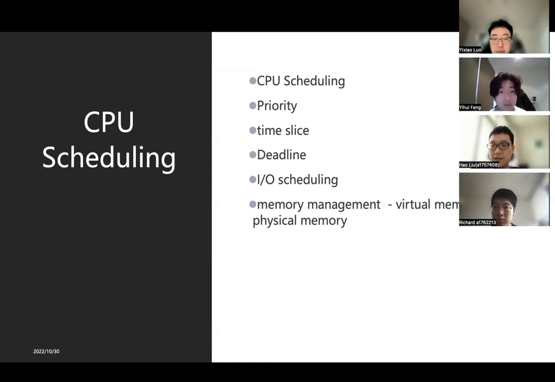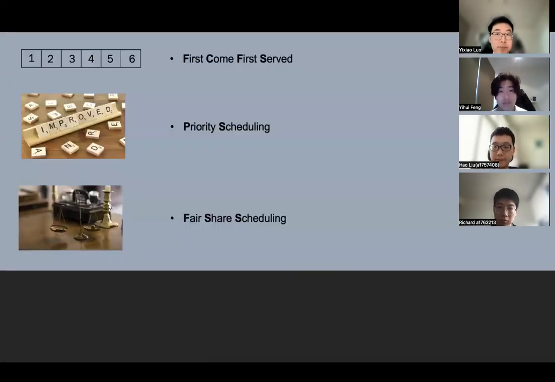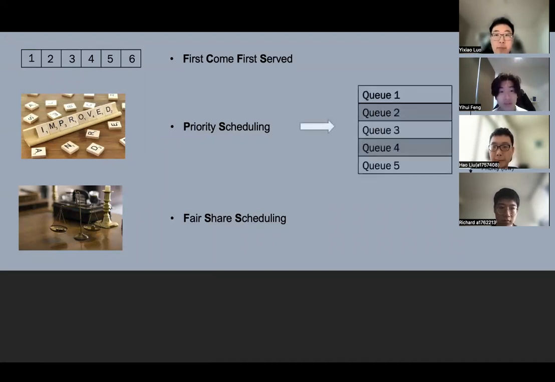There are many ways to manage tasks, such as first come first served, priority scheduling, fair share scheduling, and so on. In the assignment, we choose multi-level queue in priority scheduling to solve the problem. In a multi-level queue, each task is assigned a priority. Each priority corresponds to a queue, and tasks are stored in the corresponding queue.